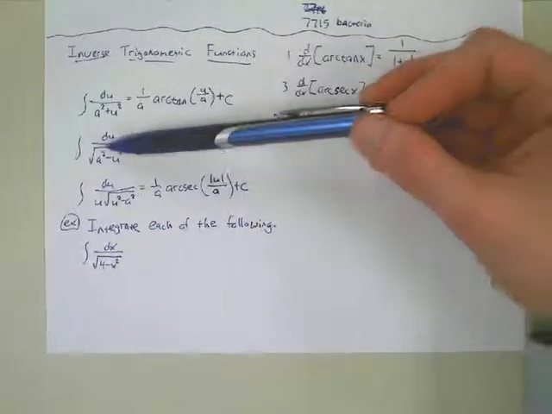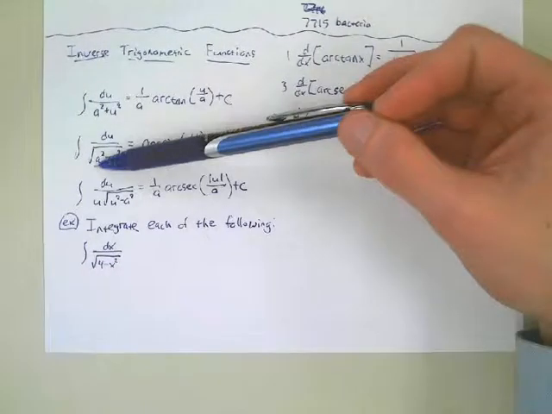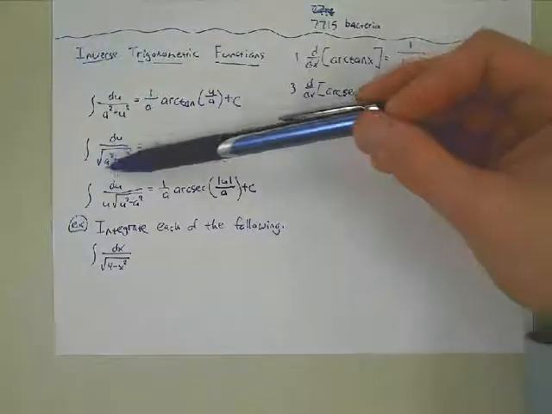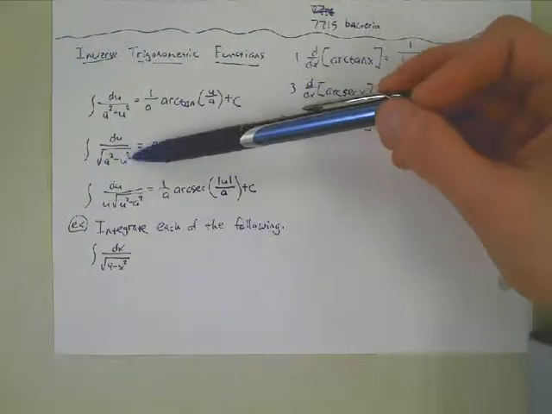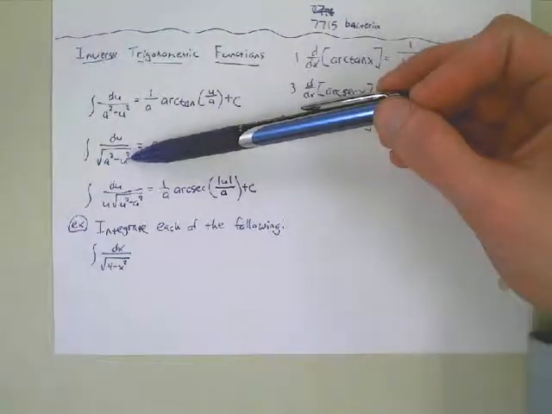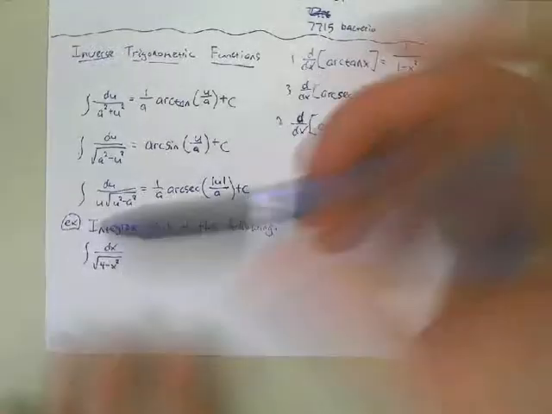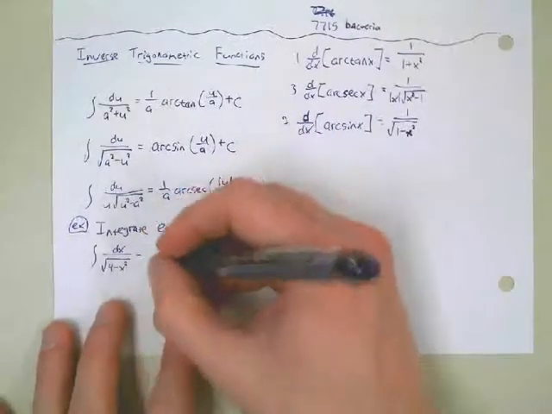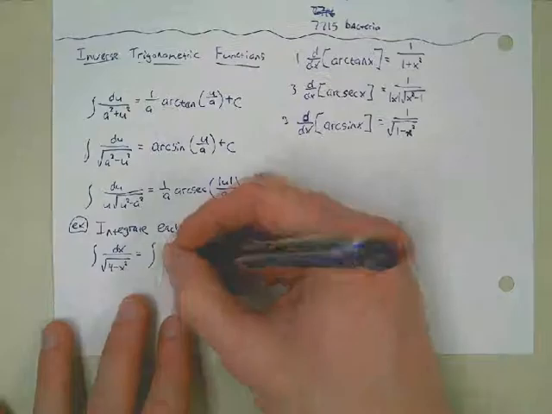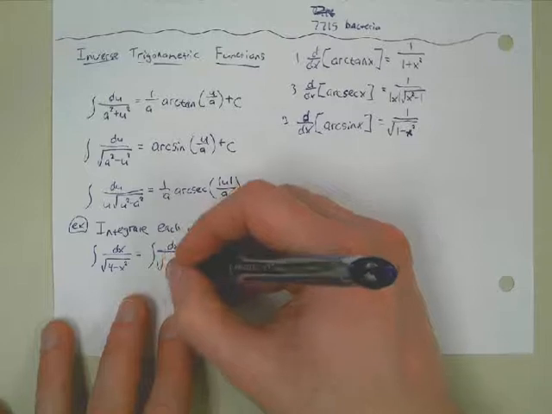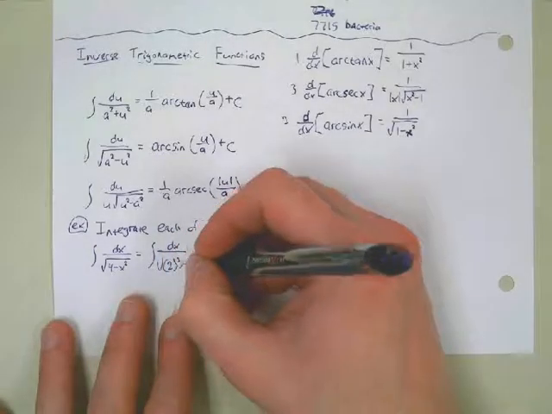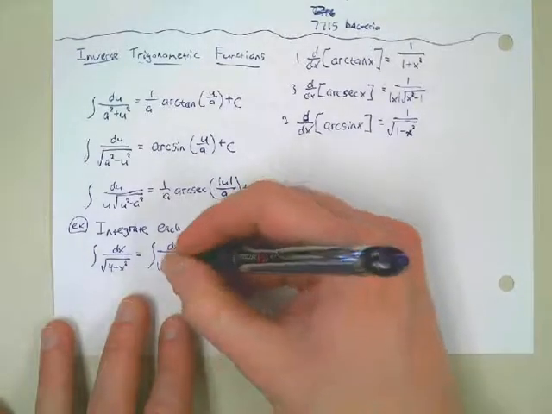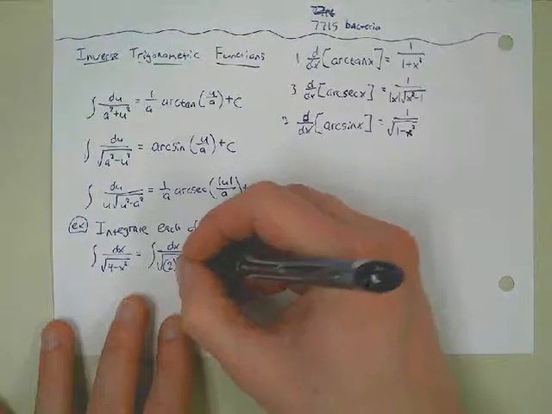A squared minus u squared, so it should be a number squared minus some function or variable squared. And in fact, yes. So I'm going to rewrite this just for our benefit as dx over the square root of 2 squared minus x squared. It makes it more obvious.